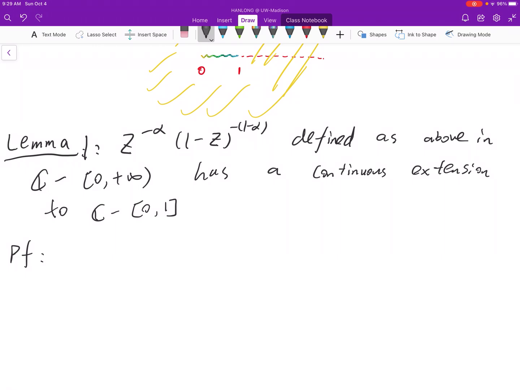So recall that first we need to define the value on the cut.